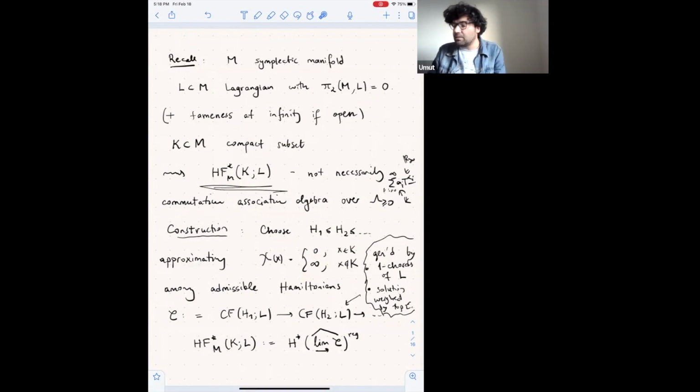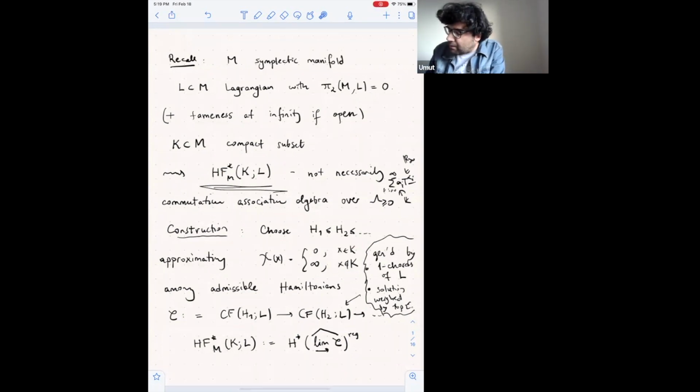So inside they go to 0, whereas outside they grow to infinity. If you're again in the non-compact case, you have to work with admissible Hamiltonians, which allow you to get some C0 bounds. Once you make this choice, you get this diagram of chain complexes over the Novikov ring.